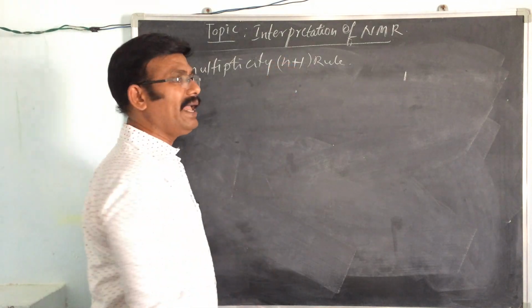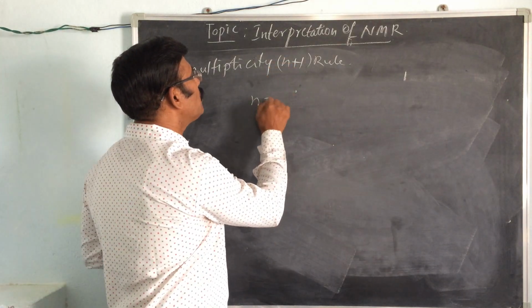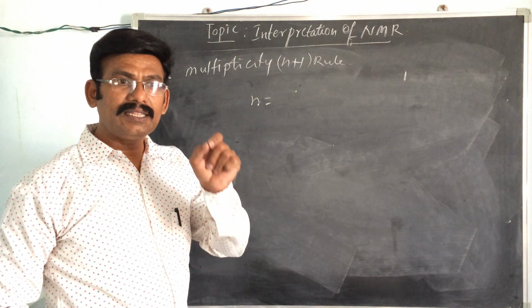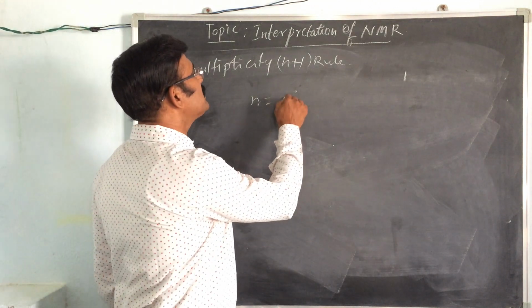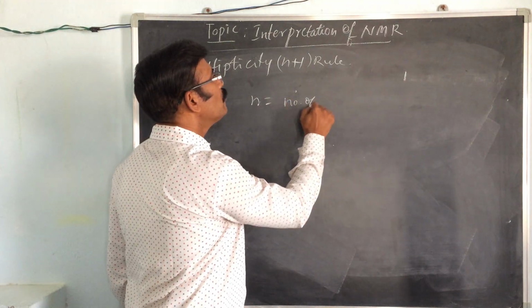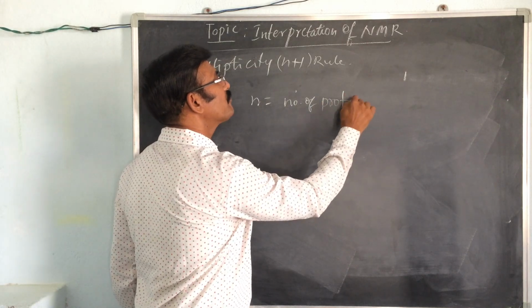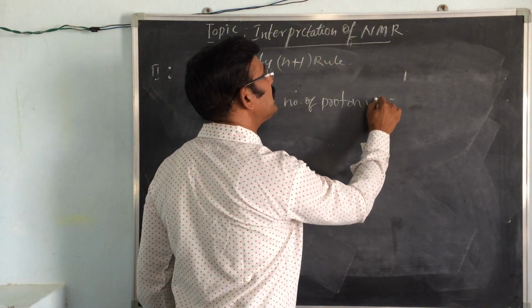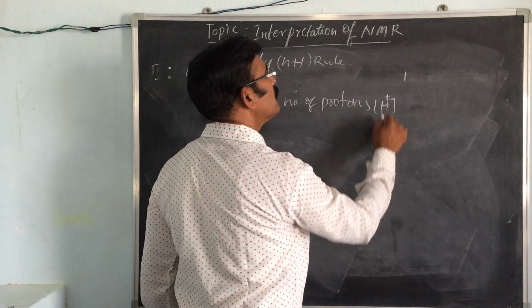So what is meant by n? The n is equal to the number of protons. Protons mean H, hydrogen ions.